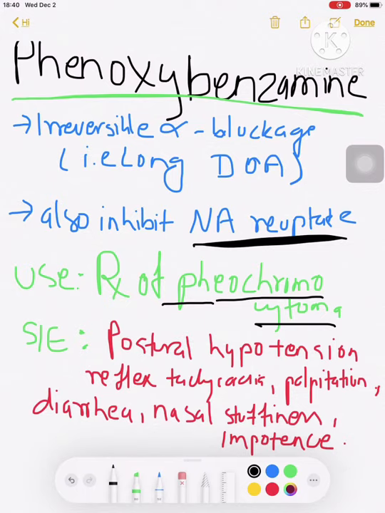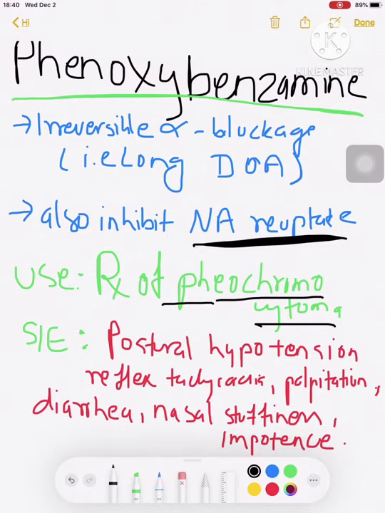The patient classically presents with palpitation, increased sweating. The patient is usually anxious, and they also present with headache. They present with features of sympathetic overstimulation. We'll discuss a bit later why these drugs are used in pheochromocytoma.